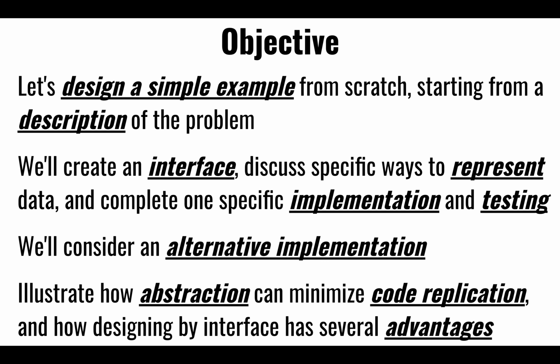So we first try to identify what the algorithm might be, and we try to box it in and parameterize it so that it can be used generically. So we're looking at abstraction as a means for minimizing any code replication that we might have.